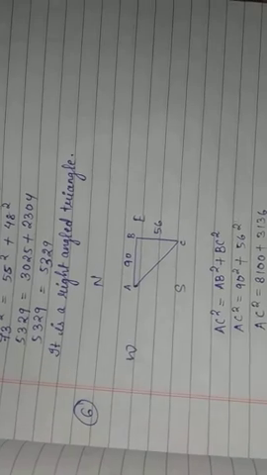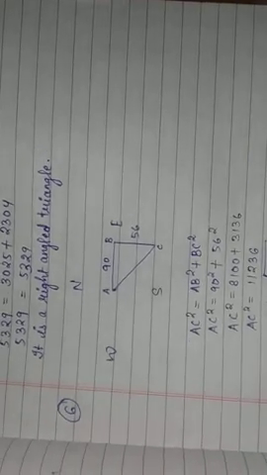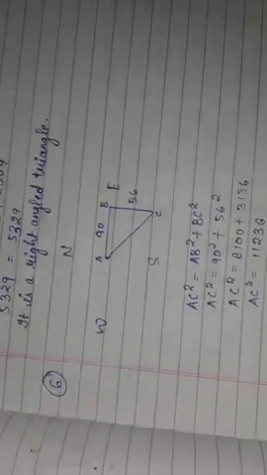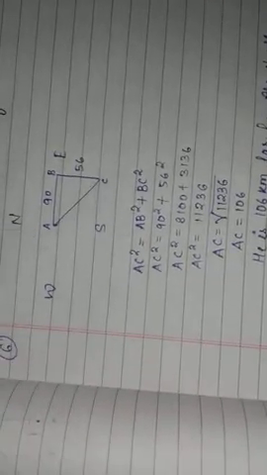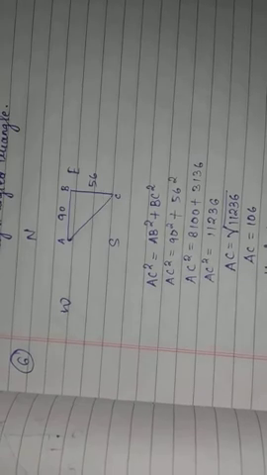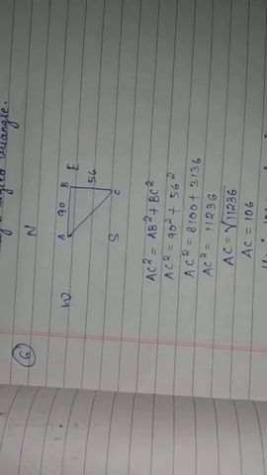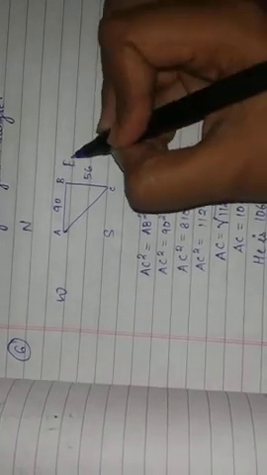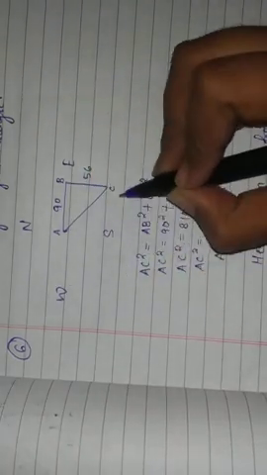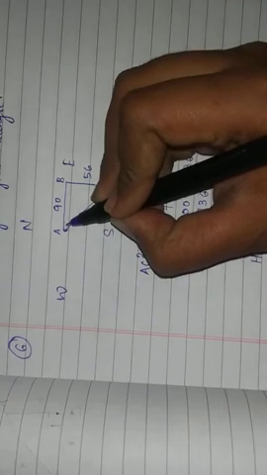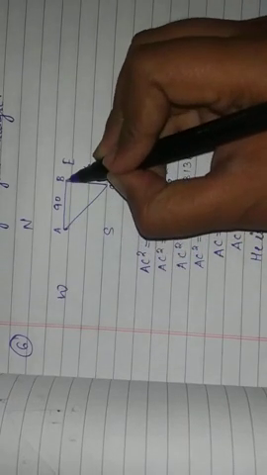Question number 6 is a little bit different from the other questions. A man travels 90 kilometers due east. You know this is east, this is north, this is west and this is south. So a man travels 90 kilometers towards east.